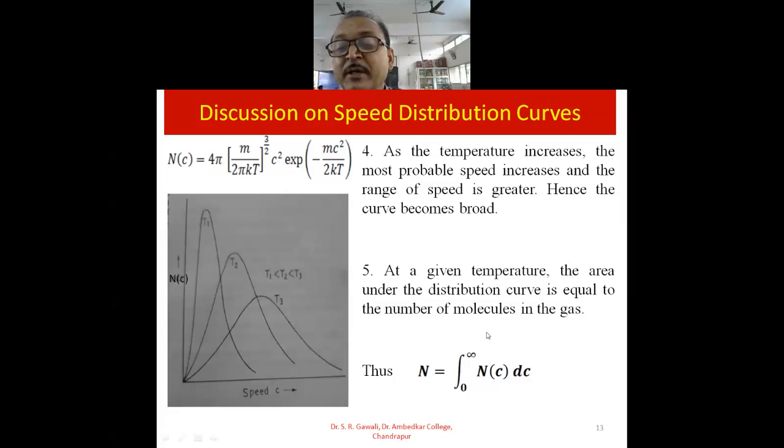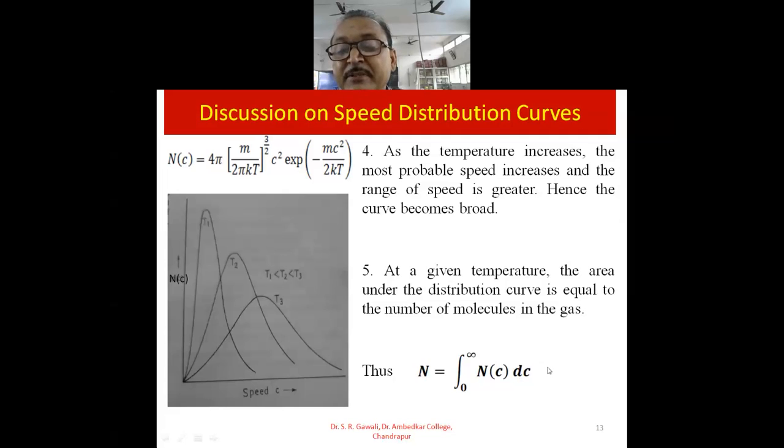With the help of this expression, we can obtain the number of molecules present in the ideal gas at a given temperature, n is equal to the integration from 0 to infinity of n of C dC.